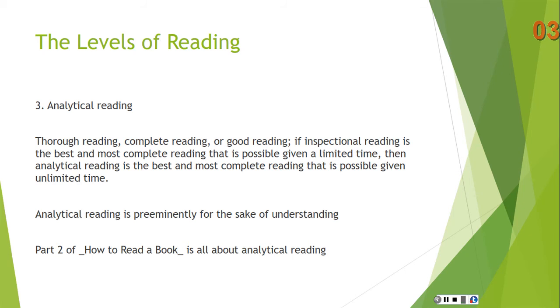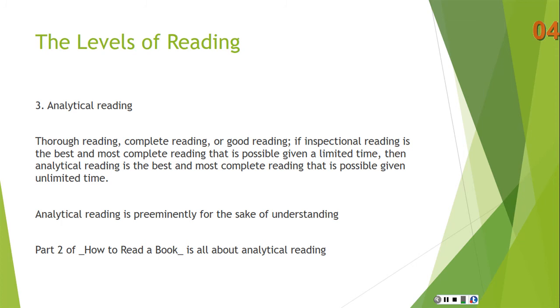Analytical reading, this is thorough reading or complete reading or good reading. You start with inspectional reading and then you move on to analytical reading. If inspectional reading is the best and most complete reading that is possible given a limited time, then analytical reading is the best and most complete reading that is possible given unlimited time.